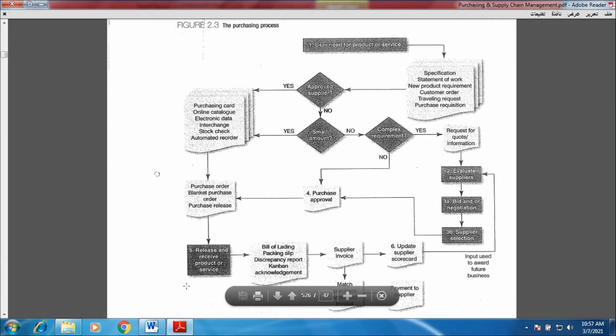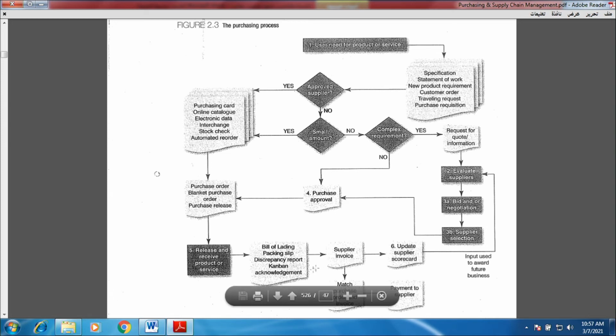Going to stage number 5, that talks about release and receive product or service. The release happens from the supplier and the receive happens from the purchasing department, to make sure that what is required, what was stated in the purchase order, matches the materials that are received from the supplier.